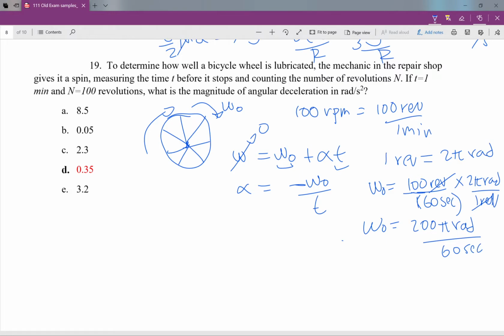So we go back to this equation. Alpha, the angular acceleration, or deceleration as we call it because we're decelerating, is negative the initial angular velocity, which is 200 pi radians over 60 seconds, and that is going to occur in a period of 1 minute, so over 60 seconds.